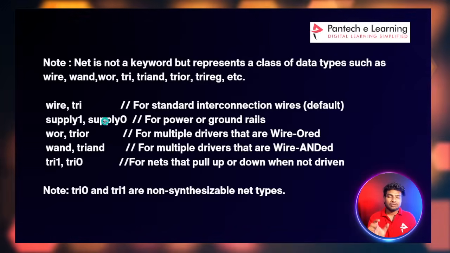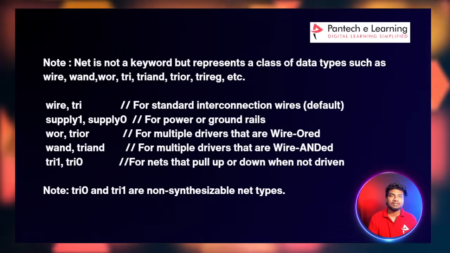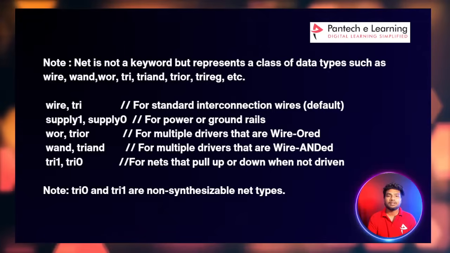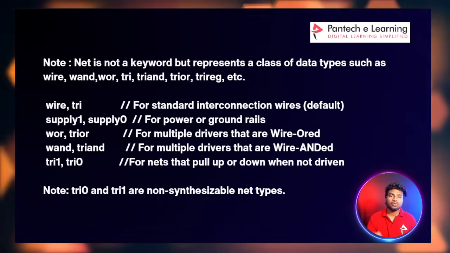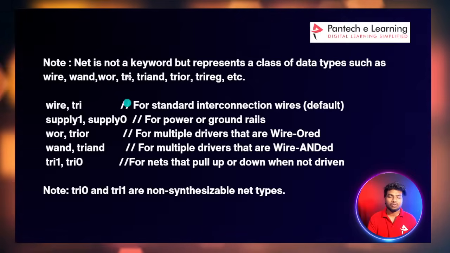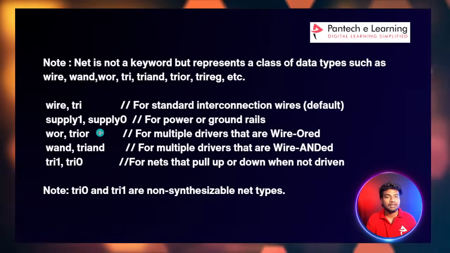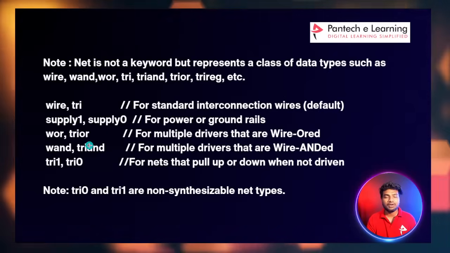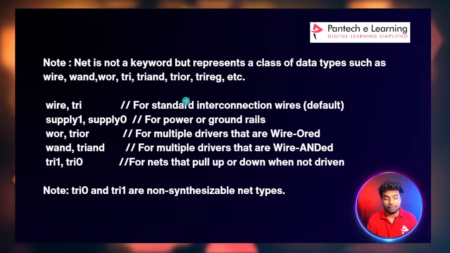Because analog mixed signals deal with analog signals, which are floating point signals that change continuously. So the remaining data types are used in the AMS domain, but we mostly use the wire data type while writing Verilog code.